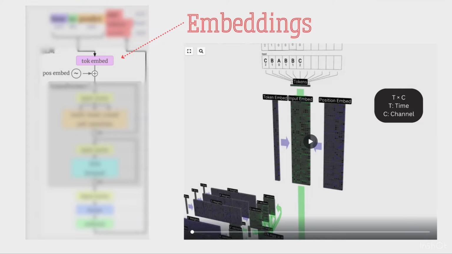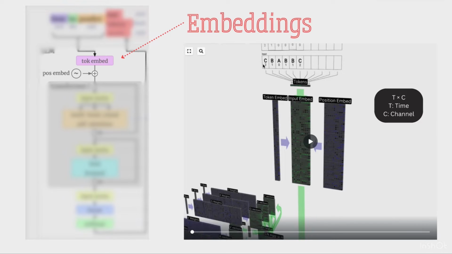Let's use a token index, for example B equal to 1, the second one, and select the second column of the token embedding matrix on the left. Note we are using zero-based indexes.